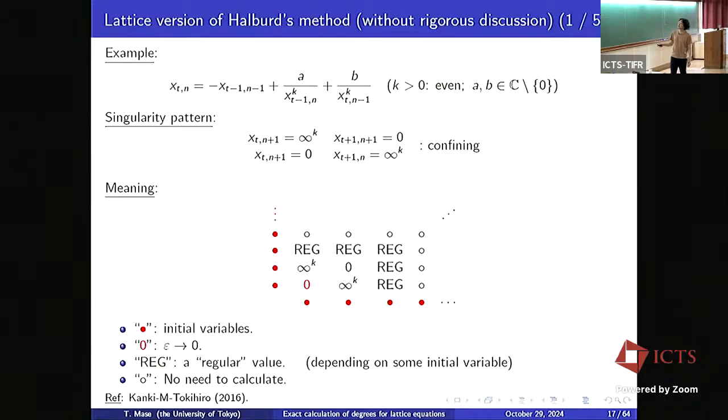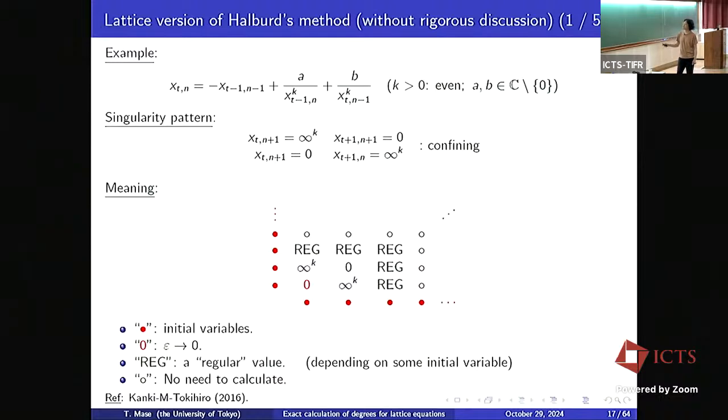But in this talk, the meaning of this is this. Red variables are initial values, and red dots are just variables, and this is 0. So we introduce epsilon here and start calculating, and they have 4 special values, and these are regular values, meaning these depend on some other initial values. And we don't have to calculate any further.